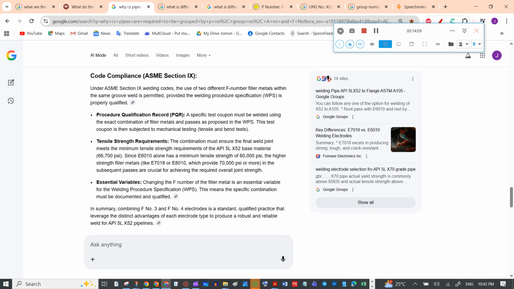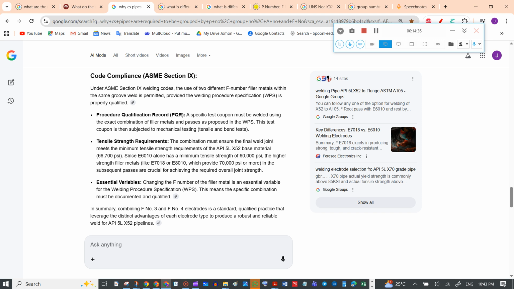Code compliance: as per ASME Section IX welding code, the use of two different electrodes is permitted provided that the WPS is properly qualified. Procedure qualification is required. A test coupon will be welded using the exact combination of filler materials and passes as proposed in the WPS. This test coupon is then subjected to mechanical testing, the destructive tests, bend test and tensile test.